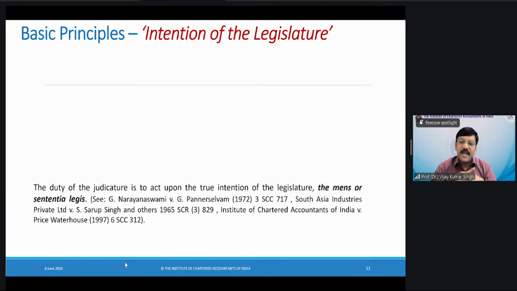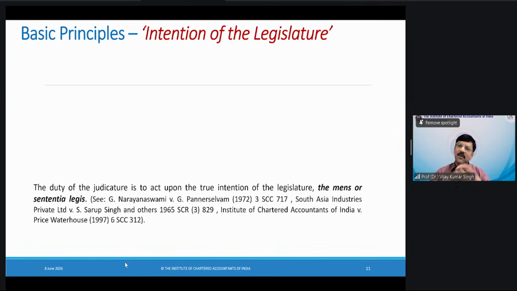Good, Sushmita. So the preamble, you have said. The preamble is one area where you can find the intention of the legislature. Vedant says objects. Yes, so the objects and reasons of that particular law also give the intention of the legislature. Every law is preceded by objects and reasons. Whenever a new law is introduced on the floor of Parliament, they give the reasons why this law is coming.